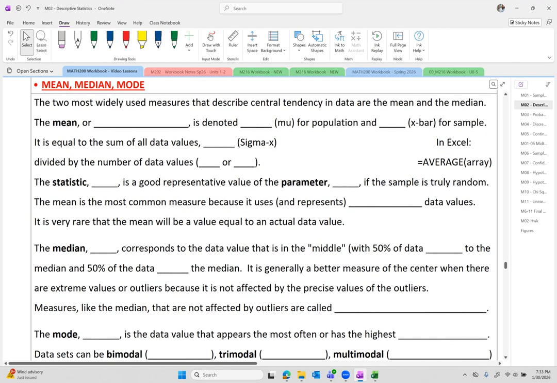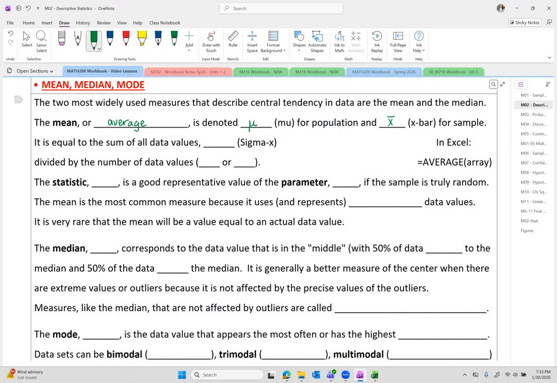The mean is the average, and it has two symbols. We use mu, the Greek M, for the population mean. Remember, the population measure is called the parameter, and we use X bar for the sample mean.